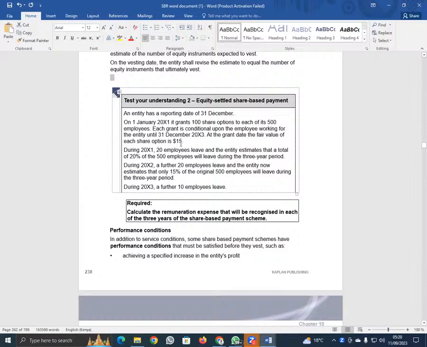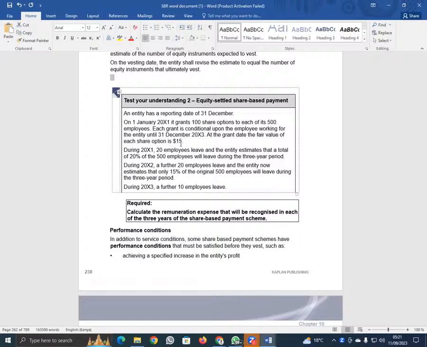Over the 3 years, I'll be using 15 for valuation. If it's equity settled, the price that existed when we made the promise of giving these shares was 15, and I shall stay with that price of 15 till the end, because this is equity settled, not cash settled.